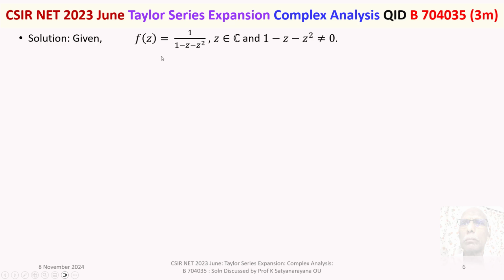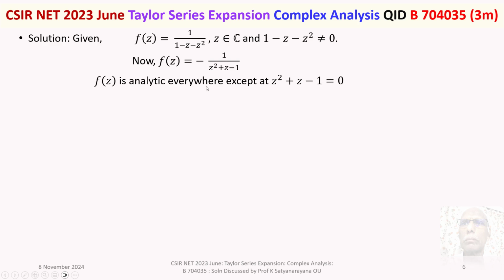We are given f of z is equal to 1 by 1 minus z square, z belongs to the set of complex numbers, and 1 minus z square not equal to 0. Now, we write f of z is equal to minus 1 by z square plus z minus 1. And f of z is clearly analytic everywhere except at the zeros of the denominator, that is, except at z square plus z minus 1 is equal to 0.